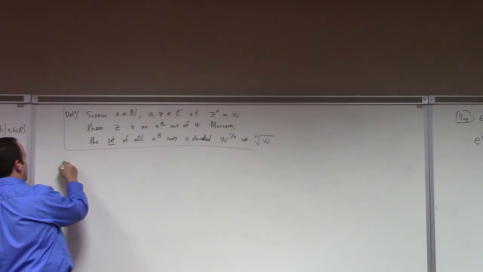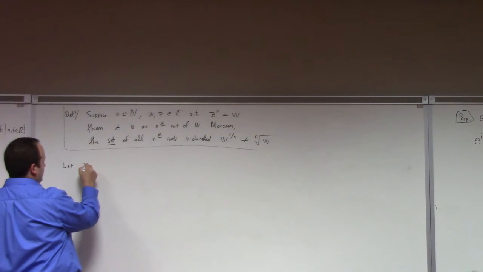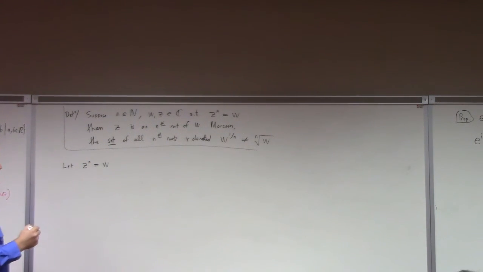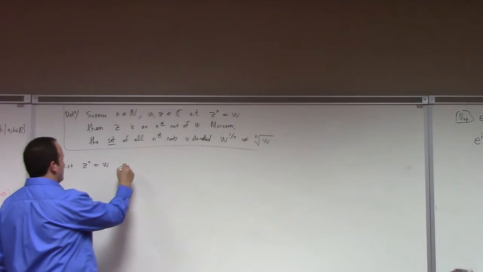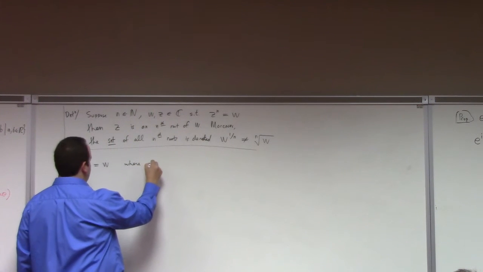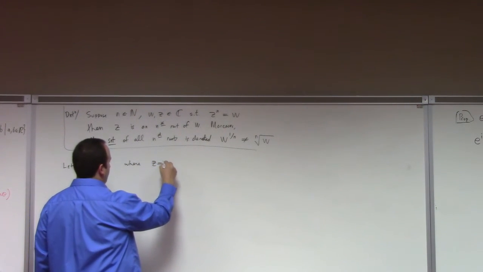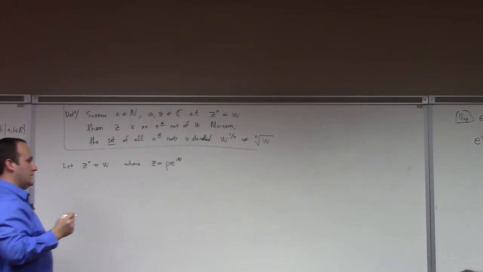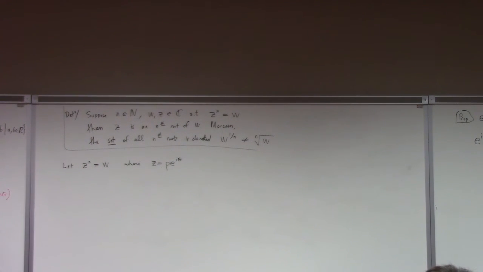So let's let z to the n equal w. Let's try to see what the form of z has to be. So let's let z equal rho e to the i theta. Here rho is the modulus and theta, I don't care, it doesn't have to be the principal argument, it's some argument, all right?